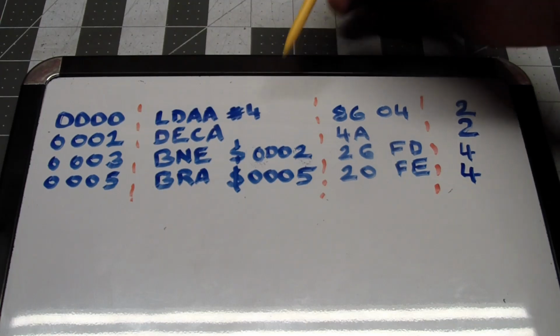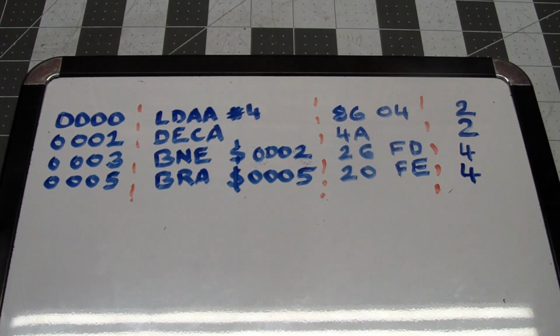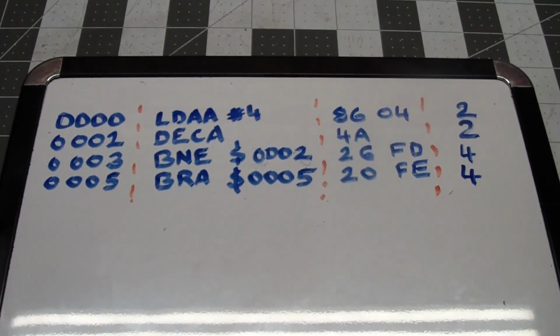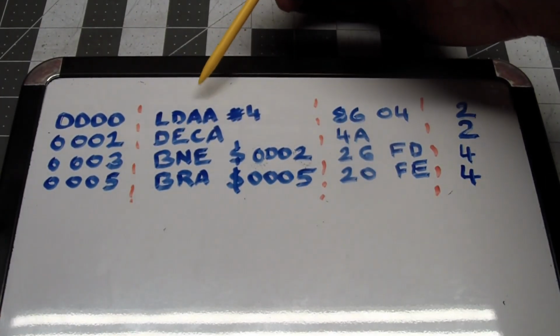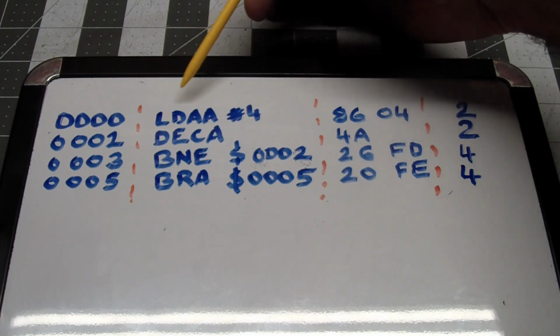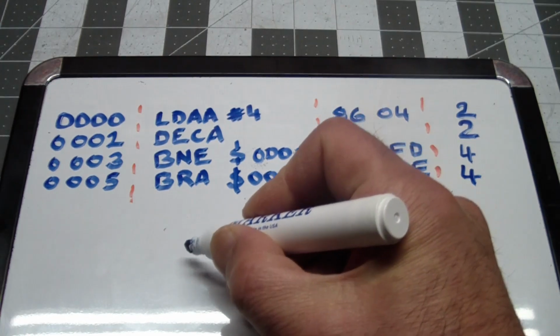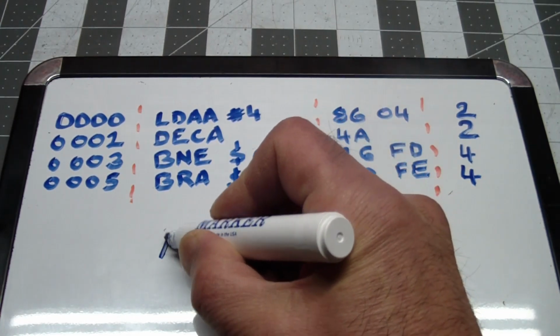But now to what this actually does. We'll start it at memory location 0. And in the assembly language, we have something called a mnemonic. I should probably write that down, because if you never heard that word before, you probably have no idea what I'm saying here.